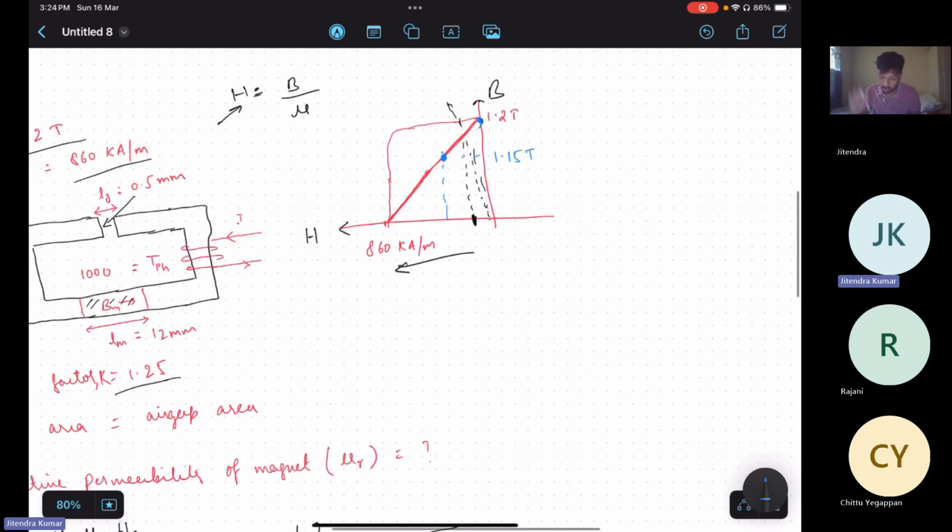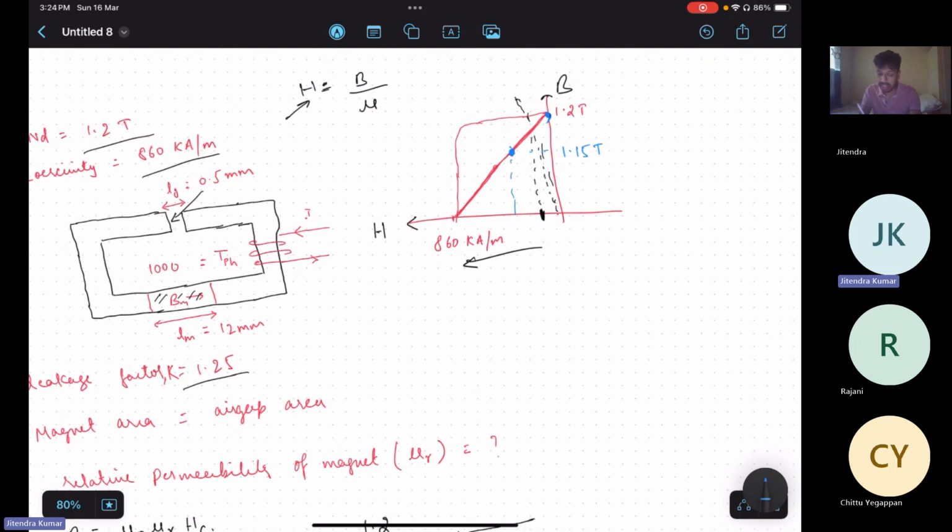Now, you tell me one more question. If I eliminate the air gap from this circuit, then this operating point will shift in which direction? Will it exist here, point one, or will it shift to here, point two, if I remove the air gap?